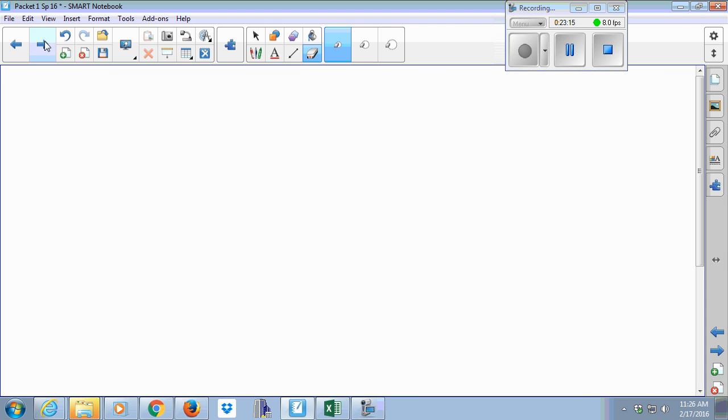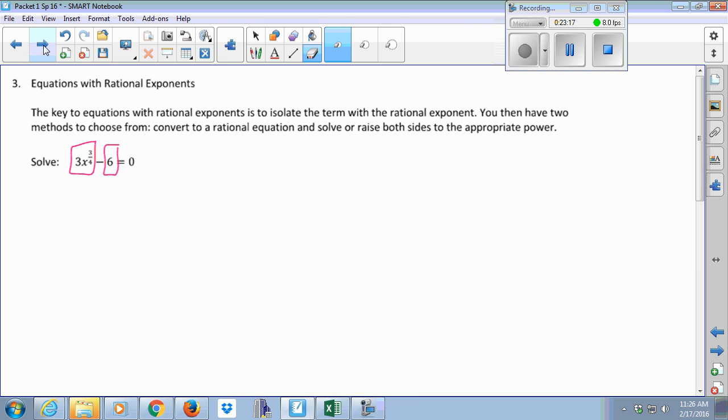Now, that's a radical equation. Guess what? A rational exponent equation can be made into a radical equation if you want it to be. So you could take this equation and write it like this right now if you wanted to. If you want to turn it into a radical equation and solve it like we just did using the techniques we just did, it's fine.